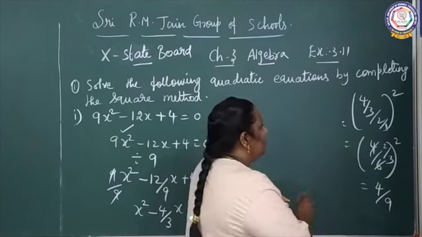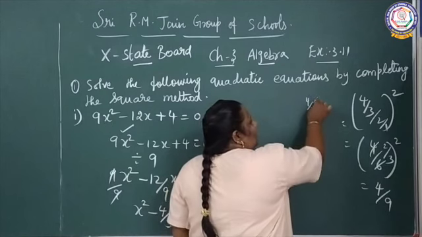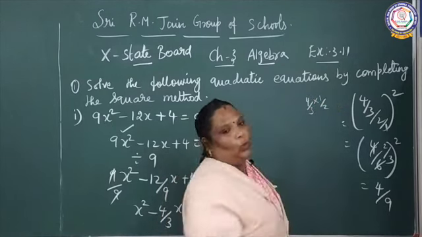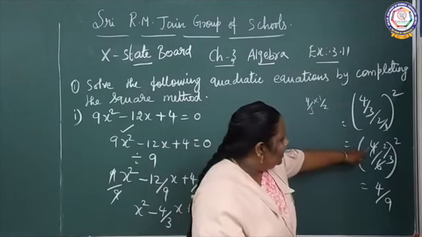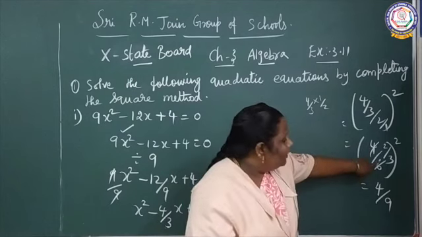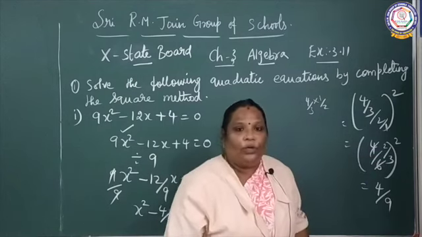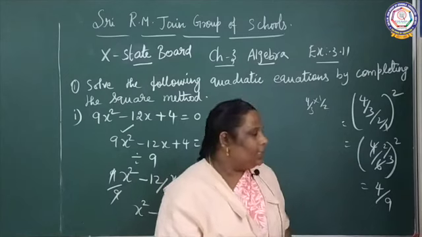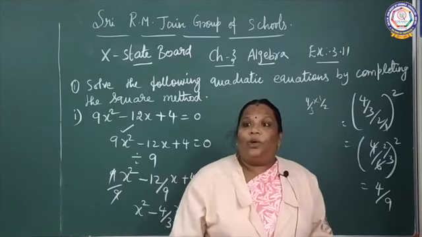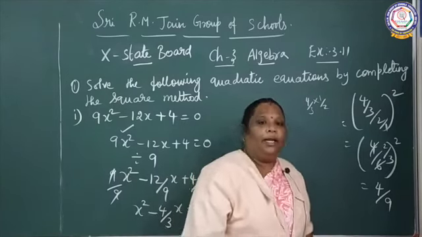So 4 by 3 into 1 by 2 gives 4 by 6. When we cancel, we get 2 by 3. 2 by 3 the whole square is 4 by 9.